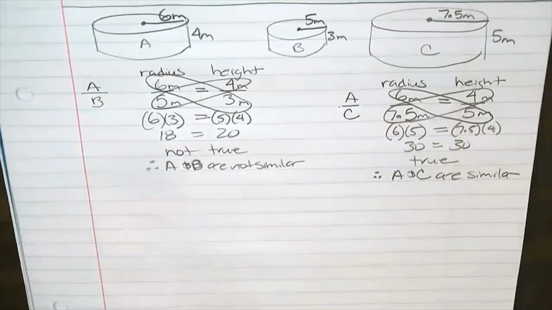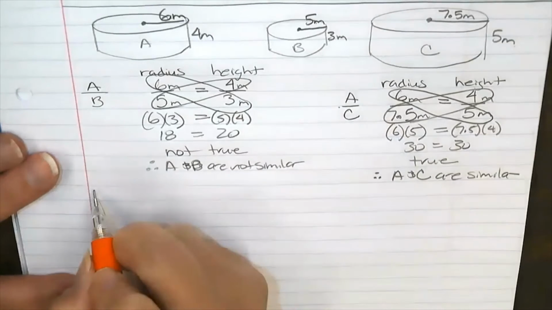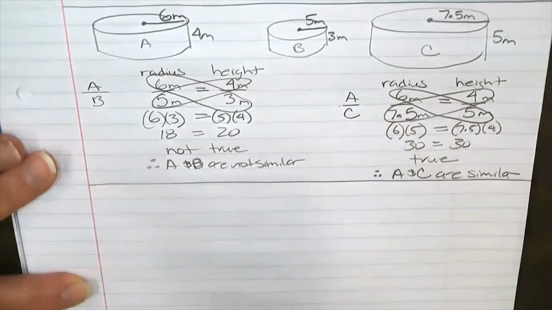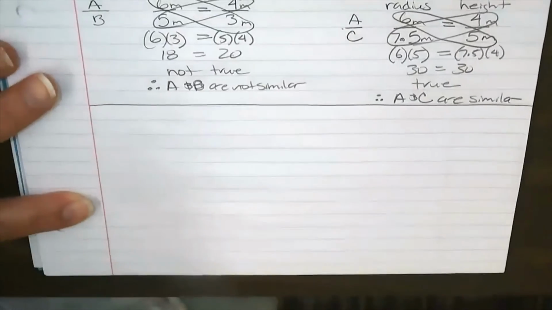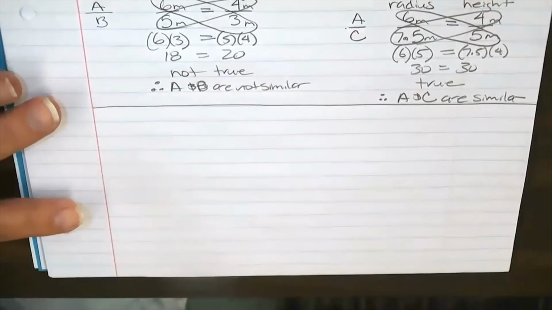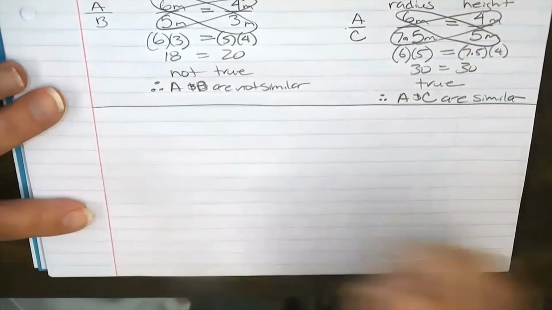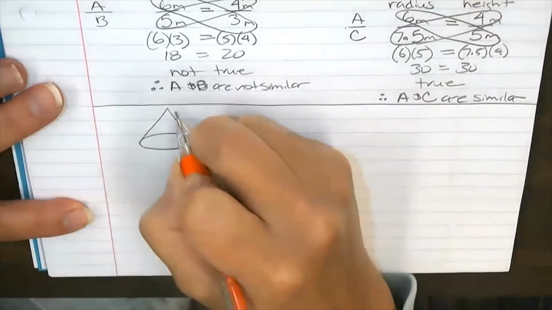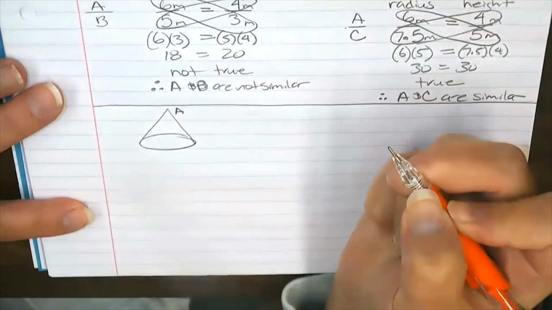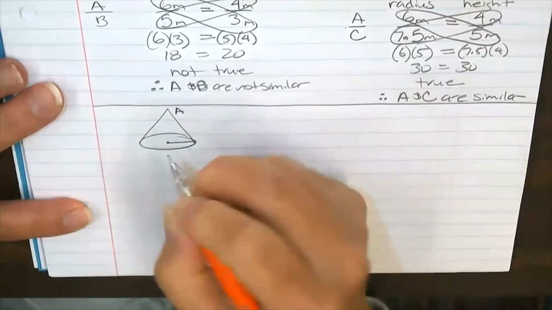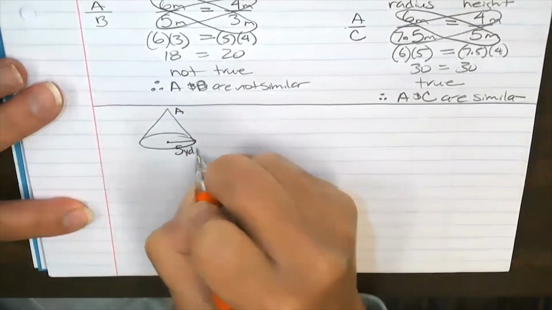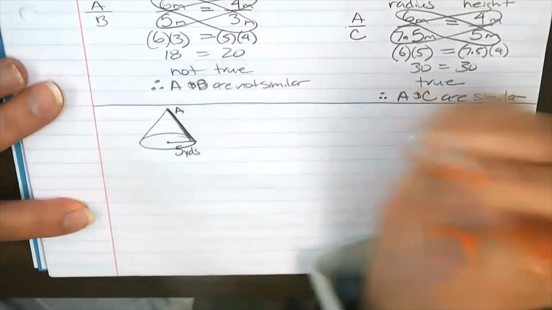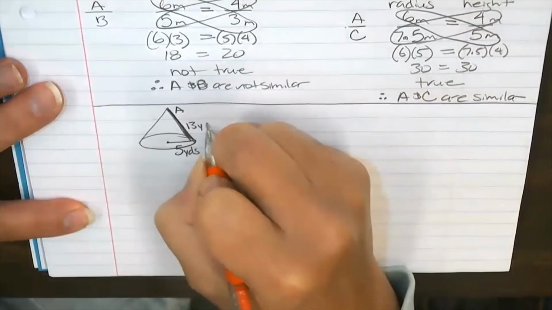Okay. So let's take a look at another one. We can use the idea of similarity and equivalent fractions to find missing measurements. So the book gives us cone A. We have a radius of 5 yards and a slant height of 13 yards.